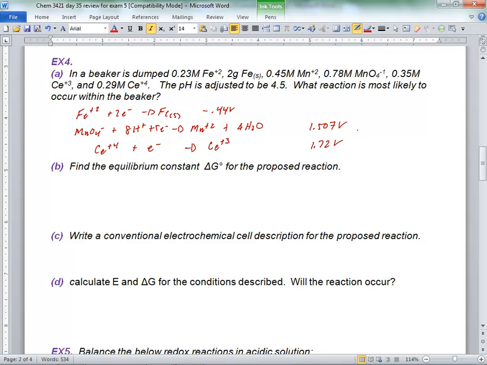Now the manganese. Manganese had another one.